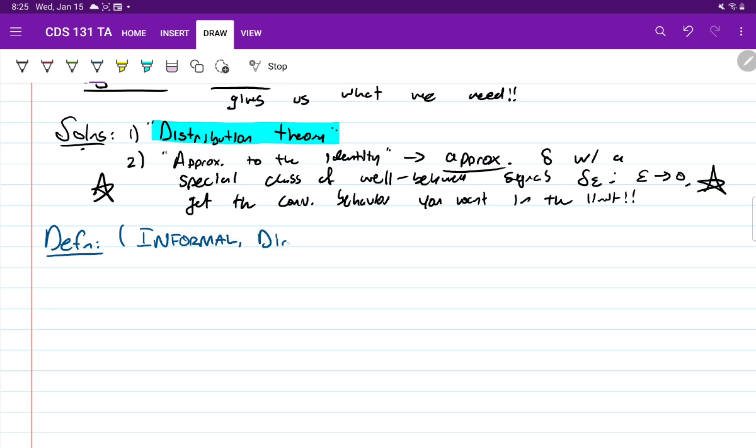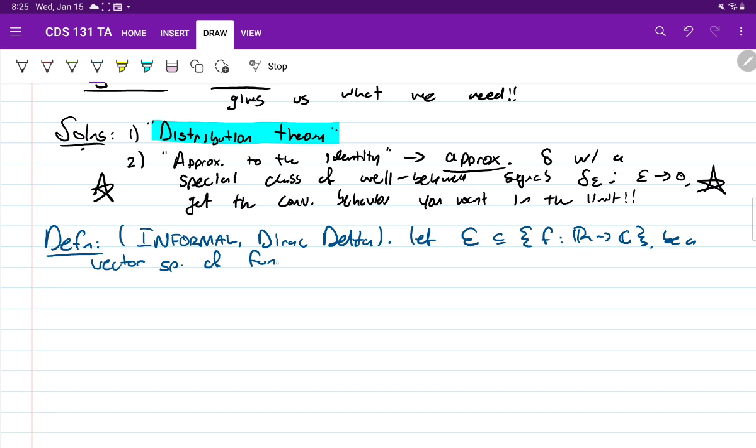This is called the Dirac delta, okay? So what I'll say is let E be a subset of the set of functions from R to C, be a vector space of functions, called the test functions.